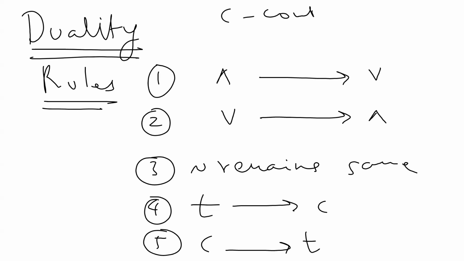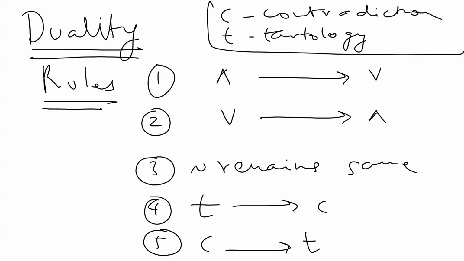C is contradiction, which is a false statement. T is tautology, which is a true statement. But then only one thing remains the same over here, that is negation.